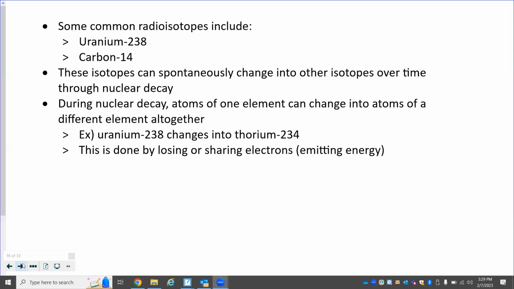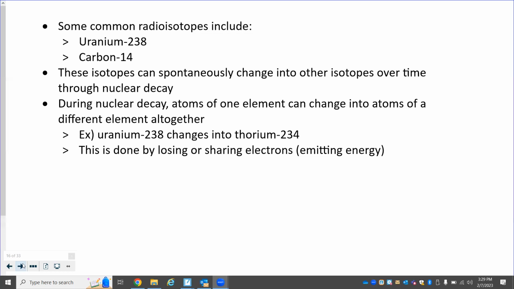So we can actually change from one element into another and change the chemical makeup of our atoms. And we're going to look at how this works and what particles are given off. But for example, that uranium-238, that's used in nuclear plants and warheads, will break down and change into thorium-234. So it will make a whole new element whenever it breaks down.